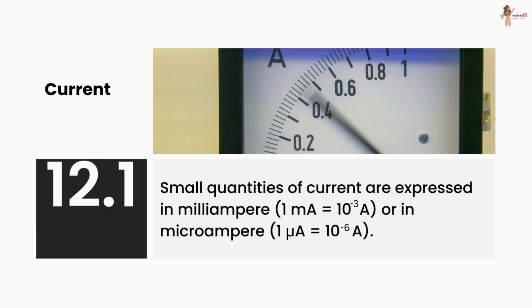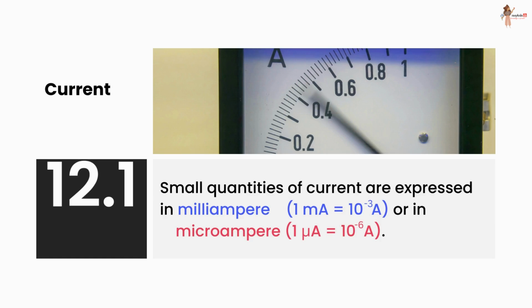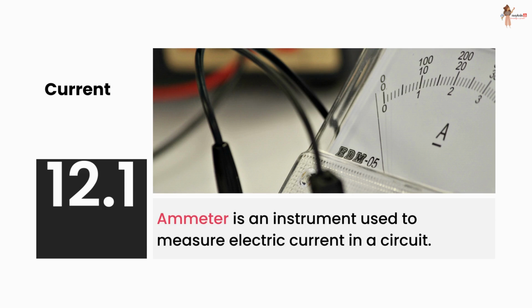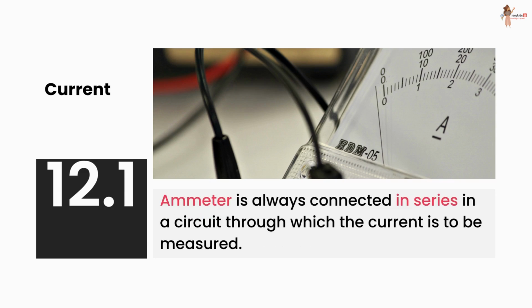Small quantities of current are expressed in milliampere, which is 10 raised to the power minus 3 amperes, or in microampere, which is 10 raised to the power minus 6 ampere. An instrument called ammeter measures electric current in a circuit. Please note that it is always connected in series in a circuit through which the current is to be measured.